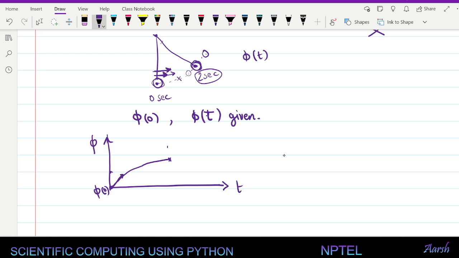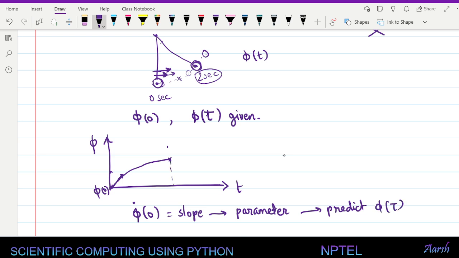Because phi dot 0, which is the slope, is a parameter that we don't know. We can think of it that way. And then predict phi of tau, and it's somewhere here, but the actual given value is this.